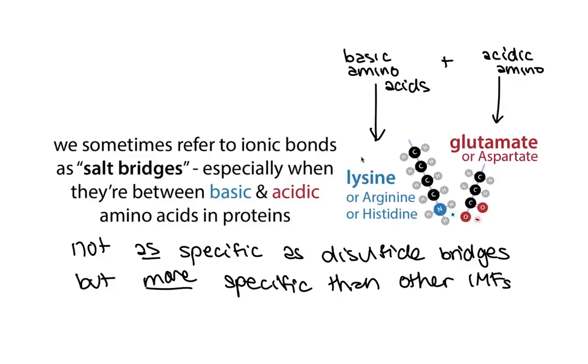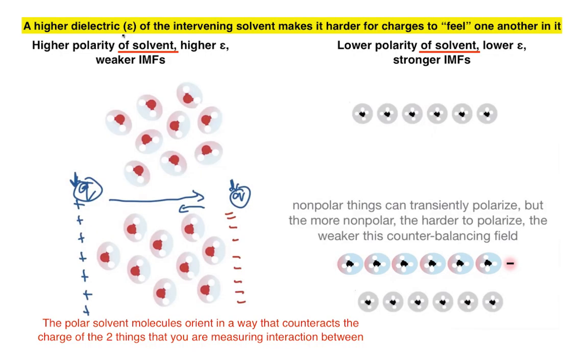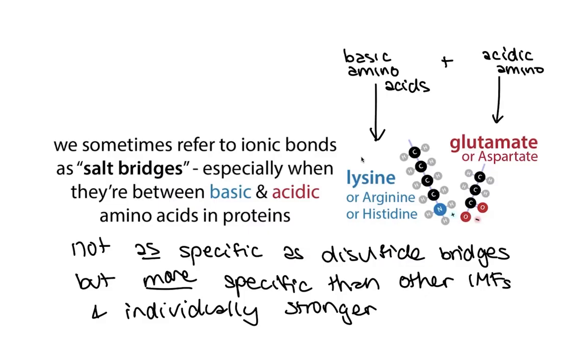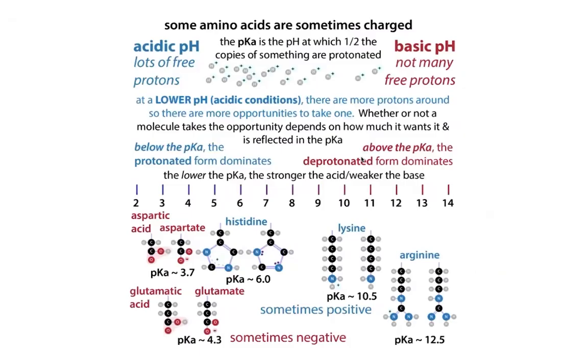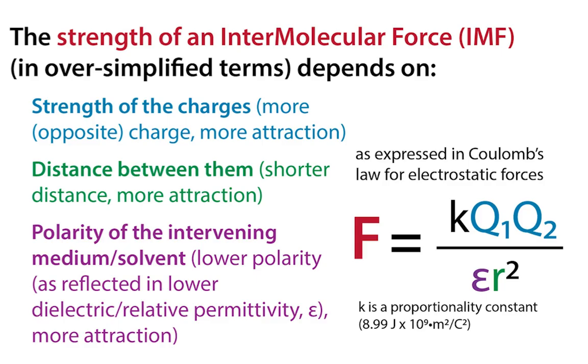Because there's going to be those fewer options and they're going to be individually stronger. And remember, they're going to be even stronger in the hydrophobic center of a protein where the dielectric constant is lower. There's less stuff distracting them. They can feel one another better. And remember also that those forces are going to be able to act over a slightly larger distance because you start with a higher charge. So that all goes back to our Coulomb's law.